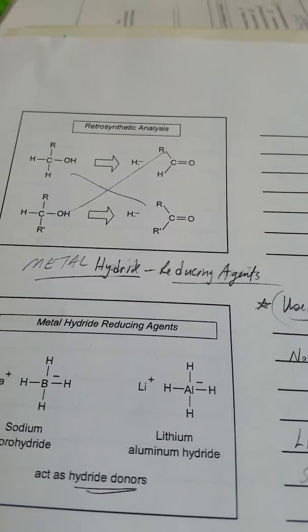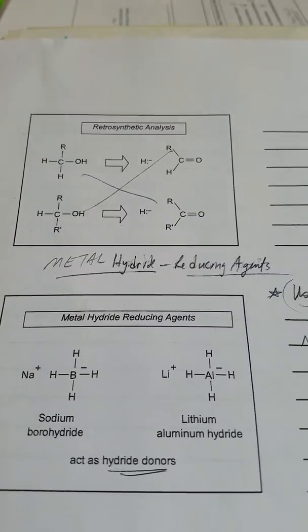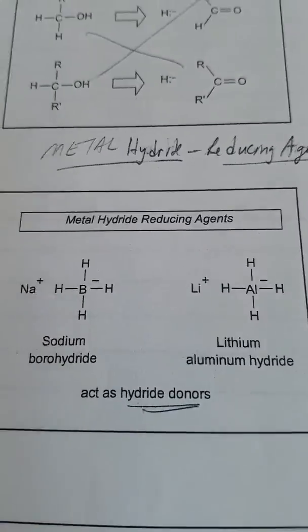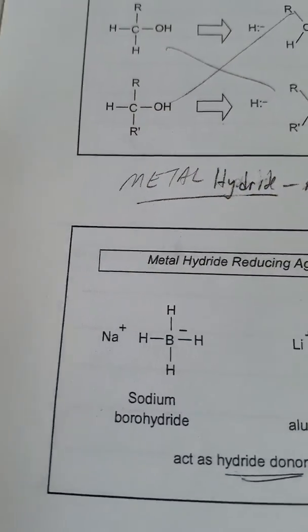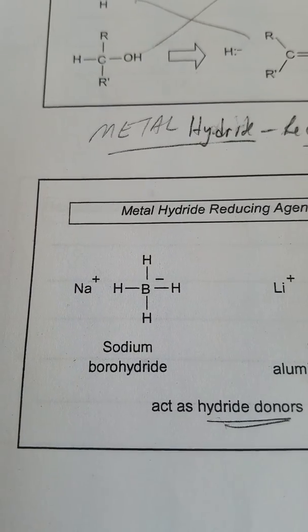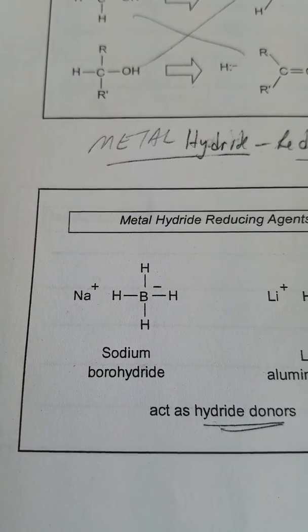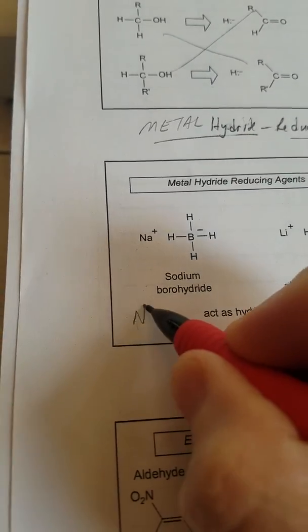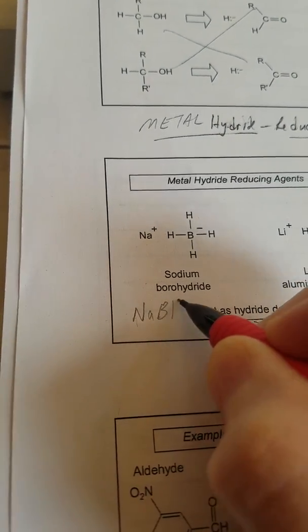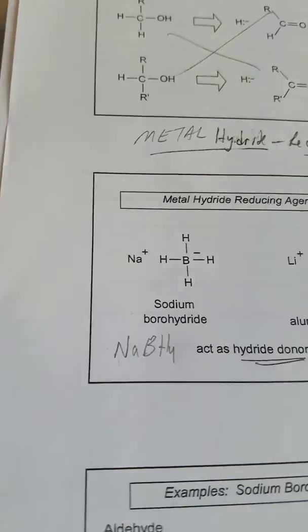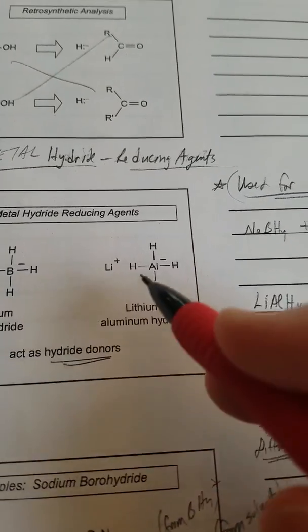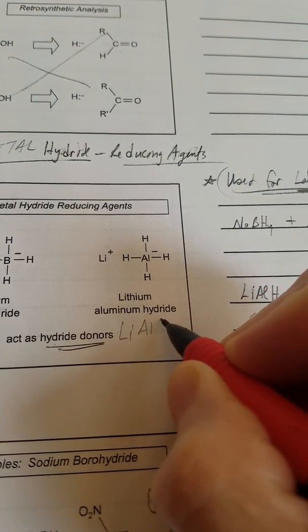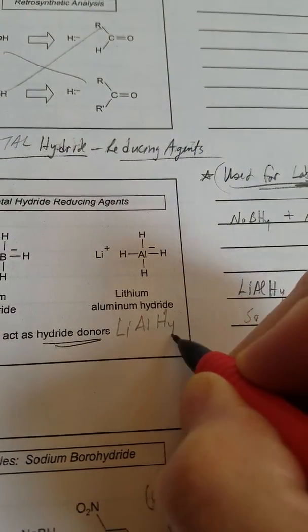Another thing we can use as reducing agents are metal hydrides. There's two forms of metal hydrides that we're going to look at. One is called sodium borohydride. It's given the formula NaBH4. And also we have lithium aluminum hydride, so that's lithium and aluminum with 4 hydrogens.